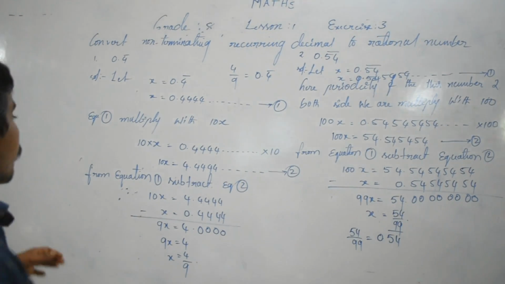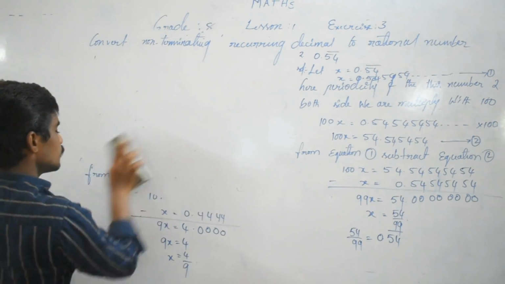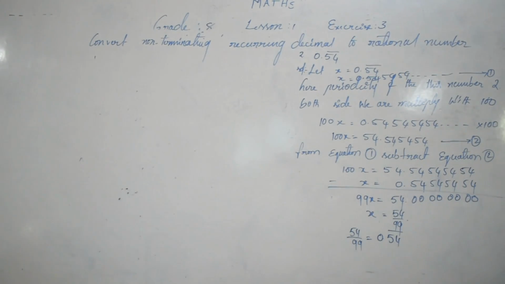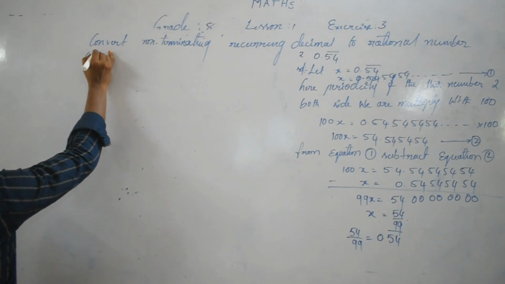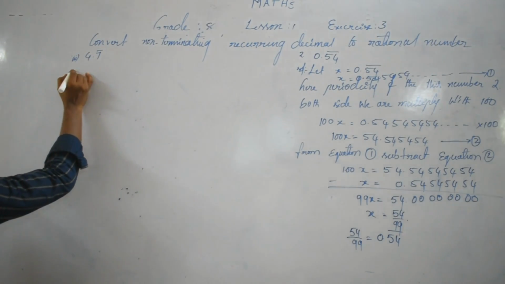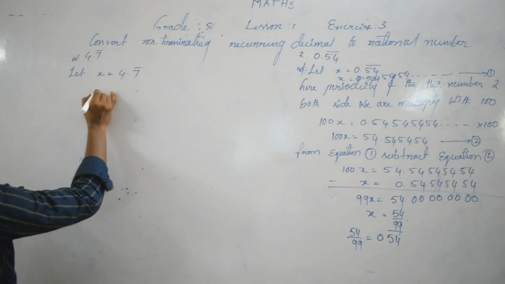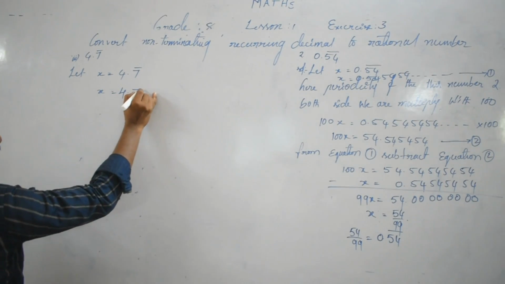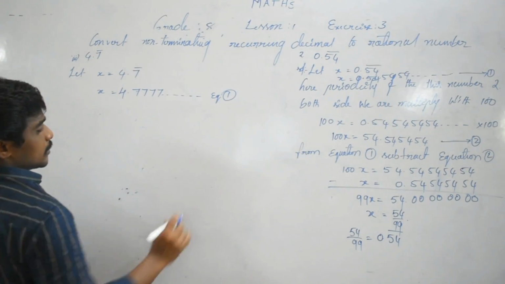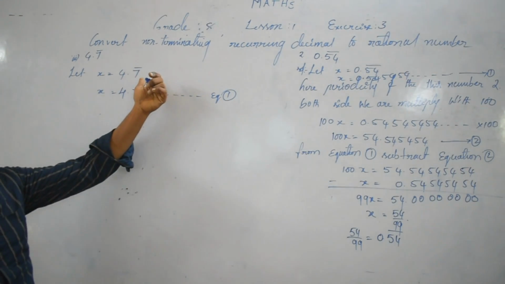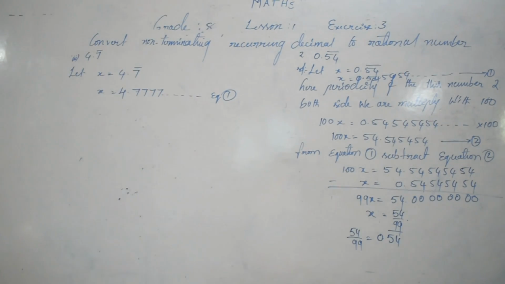Next one, the last example problem: 4.7 bar, the third one. So let x equal to 4.7 bar, x equals 4.777, and this is equation 1. So here how much is the periodicity? 1. So we multiply with 10.